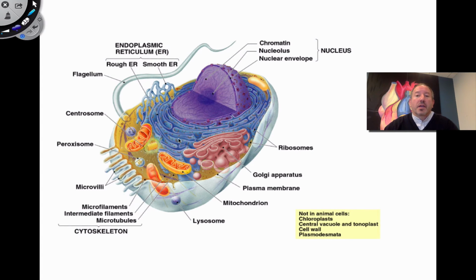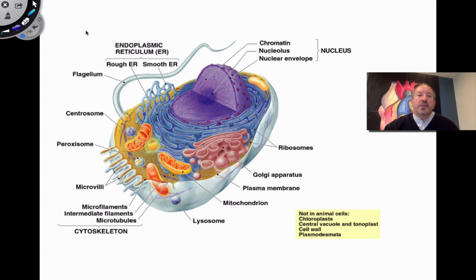And so I also want to mention, in addition to surface area in terms of small cells versus large cells, sometimes the plasma membrane itself, this is a typical cell, has extensions of the cell membrane.